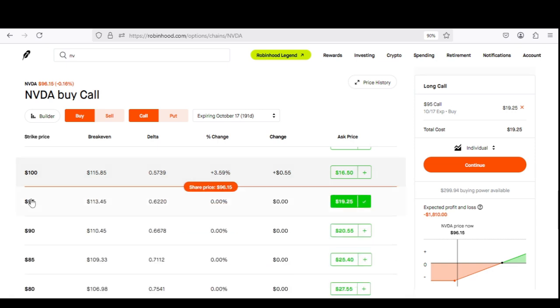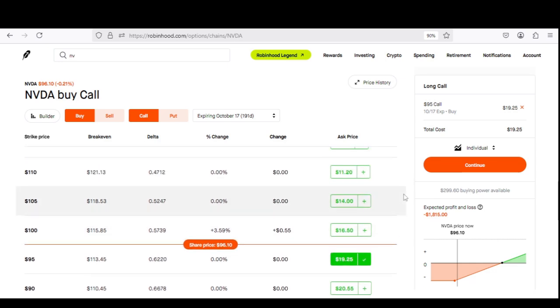So, in my honest opinion, either of these could be used, the 95 or the 100. Now, the $95 strike price and the $100 strike price are what's known as at the money. At the money means the closest strike prices to the share price. So these two are at the money.